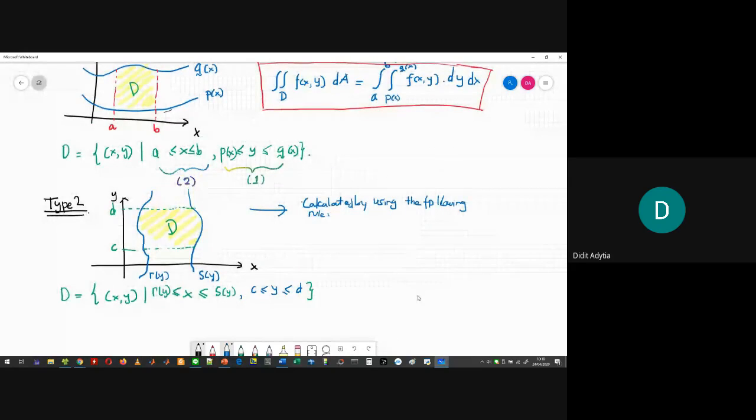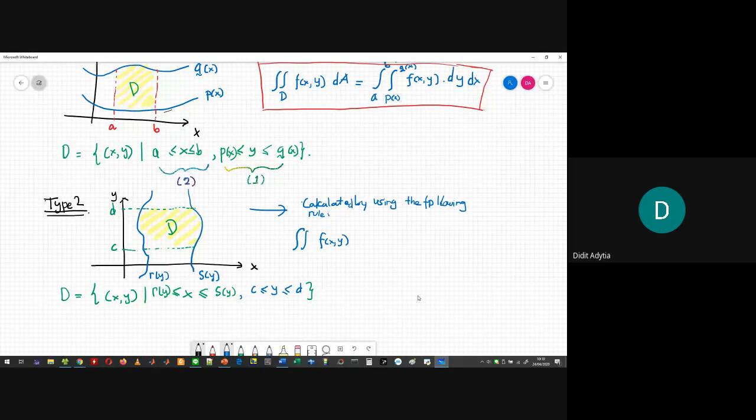So the integration now is the double integral of f(x, y) dA within the domain D, and then the integral of f(x, y), and we calculate first in dx.